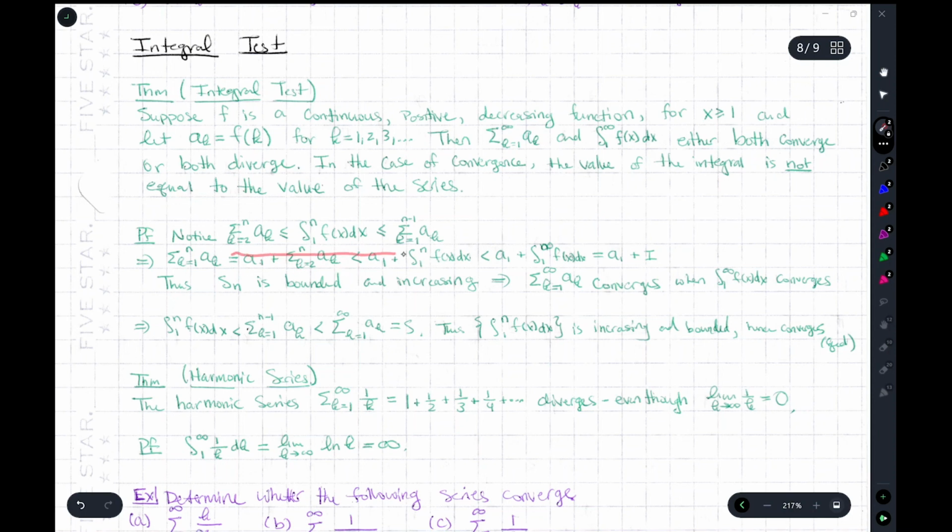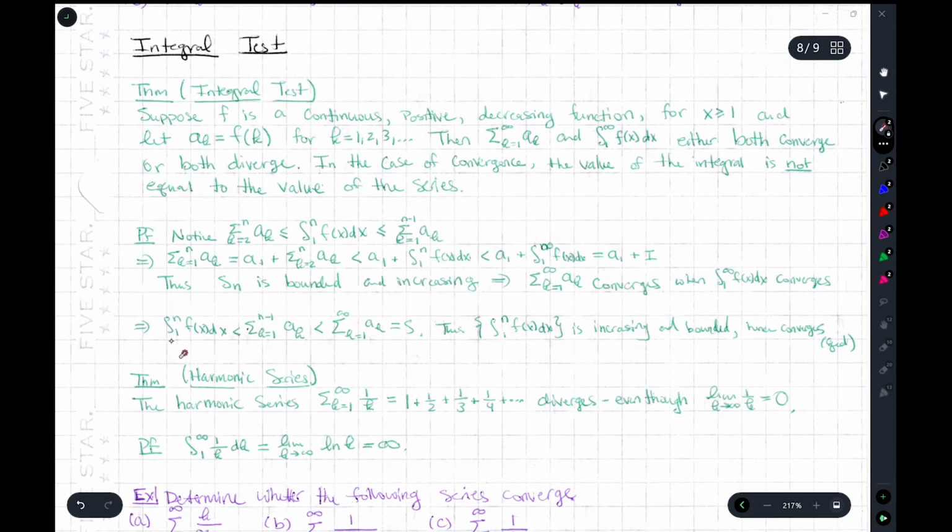And here we have a basic sketch of the proof: you could basically bound this integral using left and right sums, Riemann sums, okay? And from there, you could show that if you assume the integral converges, then the partial sum is bounded and increasing, and hence the infinite series will converge.